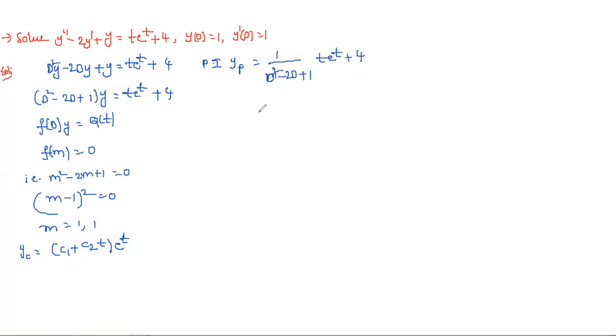Simply we can write this as 1 by (D minus 1) whole square of t e power t, plus 4 by (D minus 1) whole square. So this is equal to e power t into... one minute.